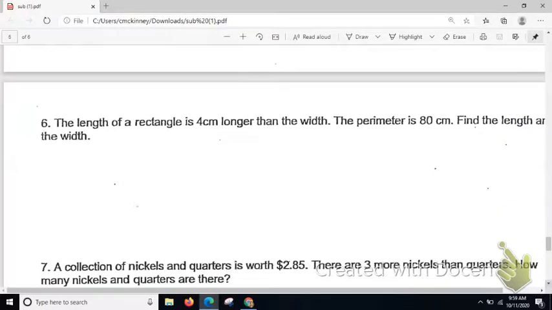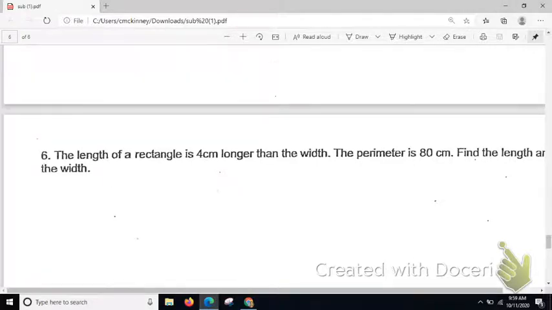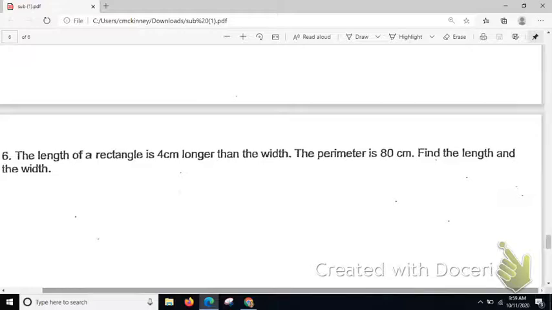So it's talking about a rectangle. That's why I mentioned geometry. It says the length of the rectangle is 4 centimeters longer than the width. And we're supposed to find the length and the width.